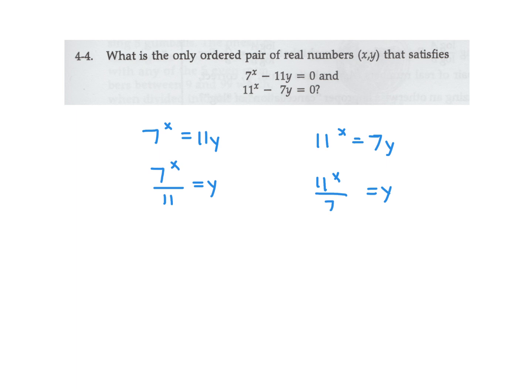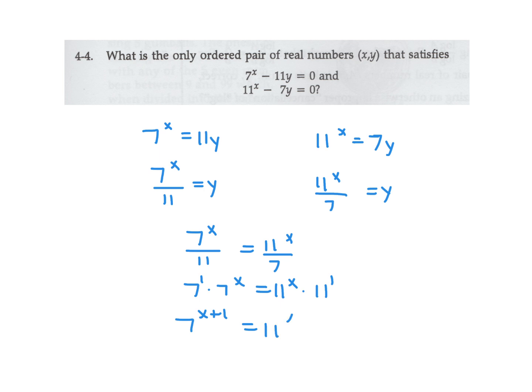So set them equal to each other, I guess. So 7 to the power of x over 11 is equal to 11 to the power of x over 7. Cross multiply and you get 7 times 7 to the power of x is equal to 11 to the power of x times 11. So those are all to powers of 1. Using exponent laws, that would be x plus 1 for both exponents for 7 and 11.